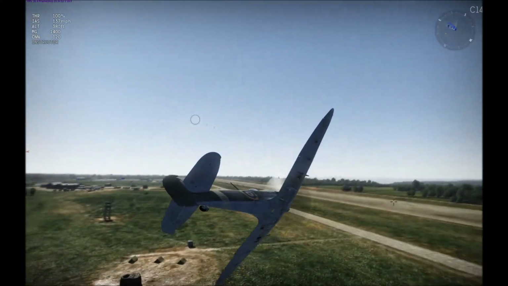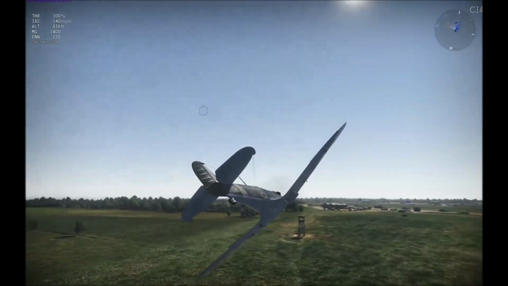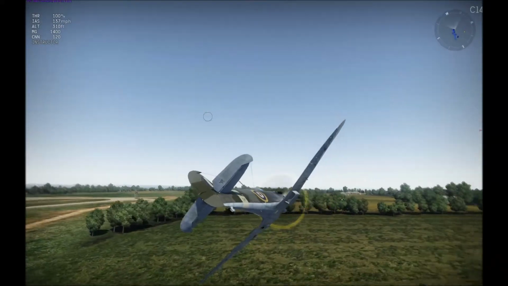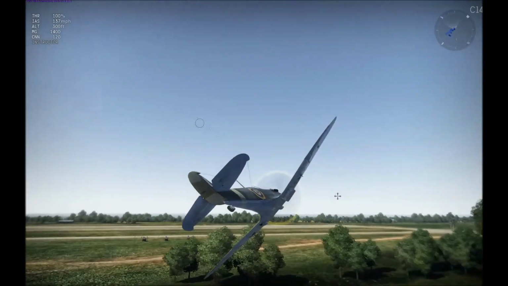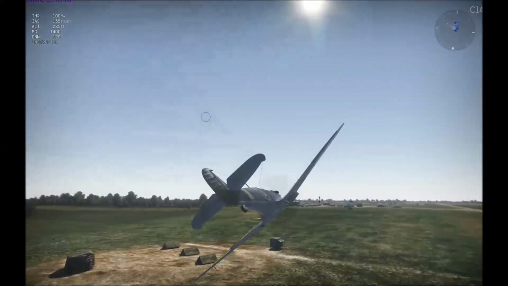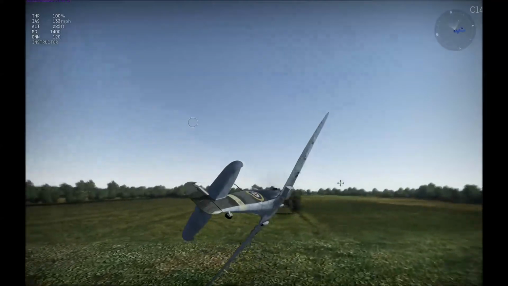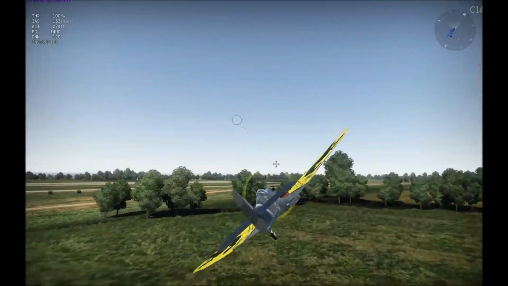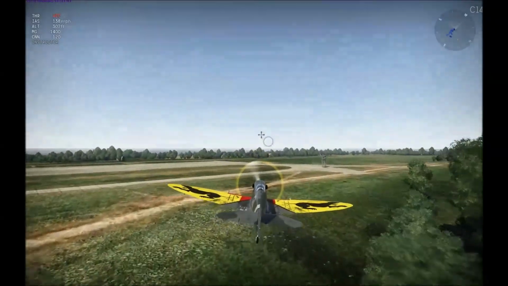I'm at a low altitude, so I have no potential energy reserves. And now I'm stuck just using the engine to get me energy back again. Eventually, I'm doing 135 miles per hour with no potential energy reserves. What's going to happen is someone's going to come by and kill me, very easily.